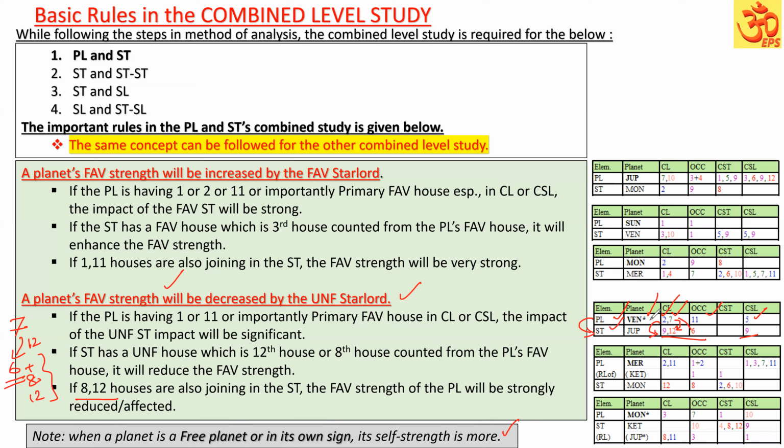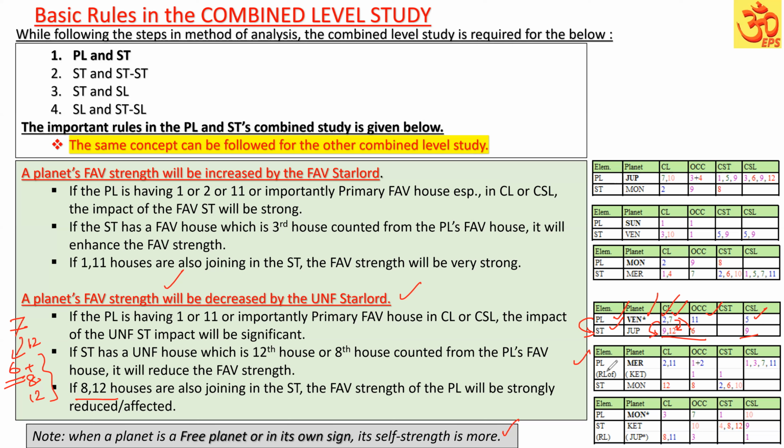So Venus, having 2, 7, 11 and 5, is a strong significator of these houses. When compared to other planets, its strength is going to be more. But that star lord is having some weakness. Because of that, though it is still potentially strong, somehow it will get reduced by the star lord.